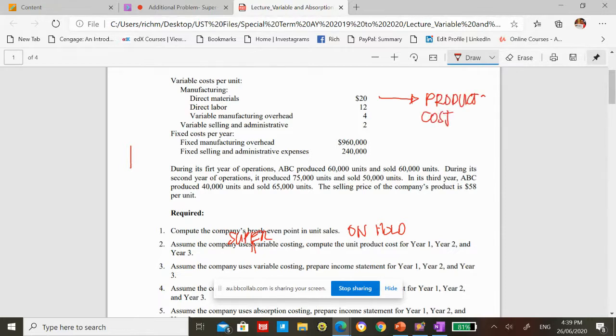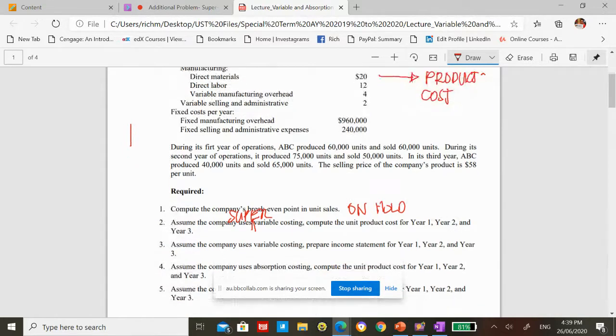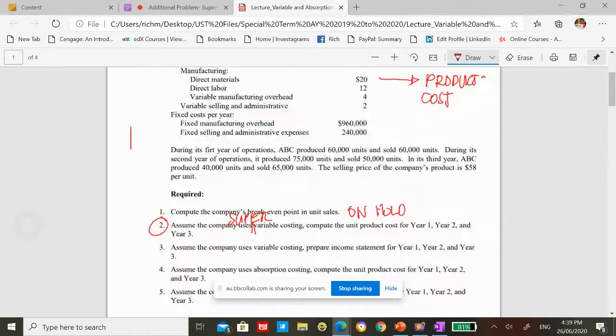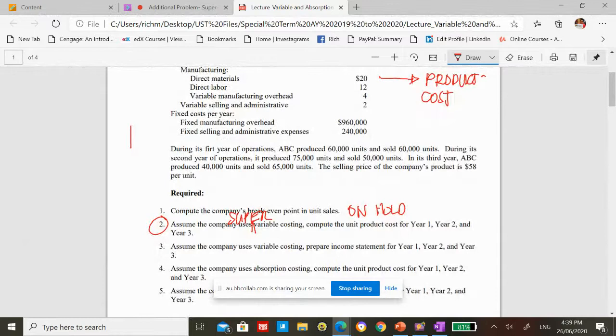The rest are all period costs: direct labor, variable manufacturing overhead, fixed manufacturing overhead, and fixed selling and admin expense. So our answer for number two is direct materials, which is $20 per unit for year one, year two, and year three.